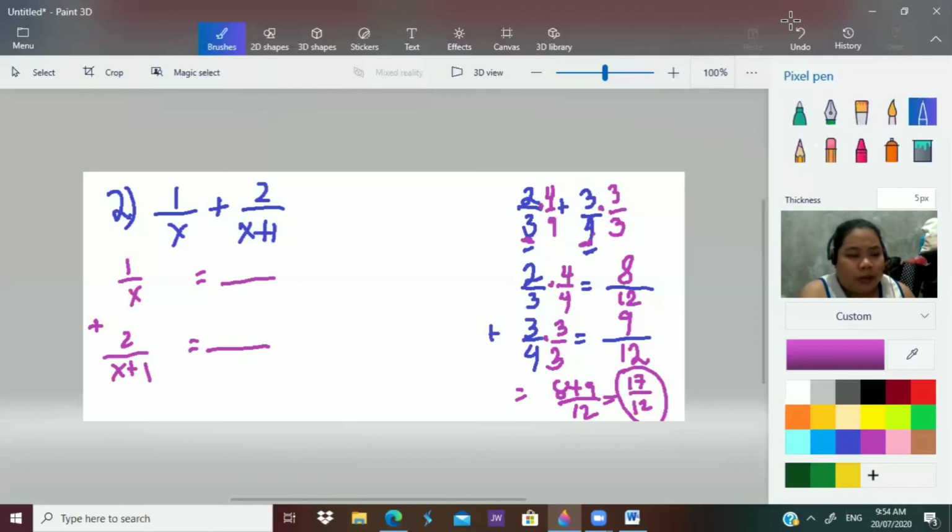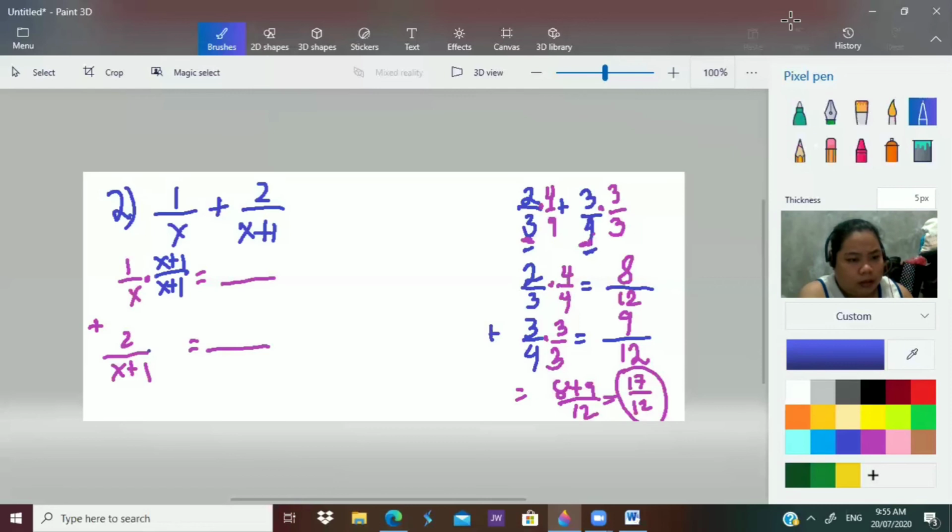Okay, so katulad nito, si x, ang partner niya dito si x plus 1. So kukuha lang tayo ng multiplier sa kabilang given, hindi tayo mag-iisip. Ina-apply lang natin ito kapag magkaiba ang denominators katulad nito. So let's say this one, ito, gagawin nating x plus 1 over x plus 1.